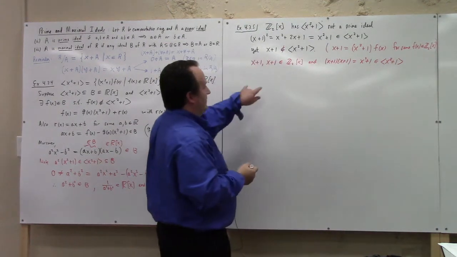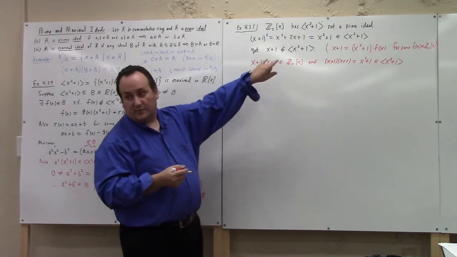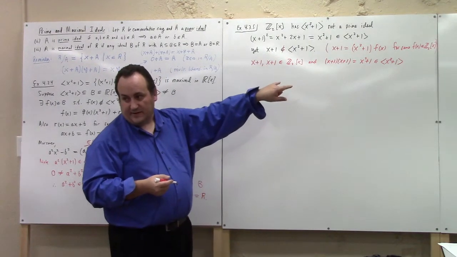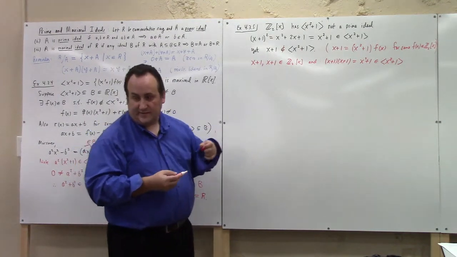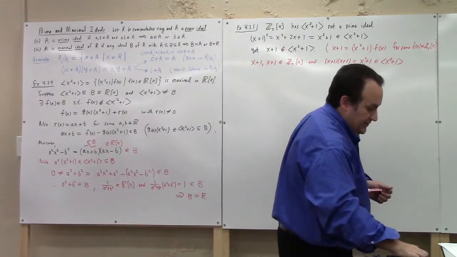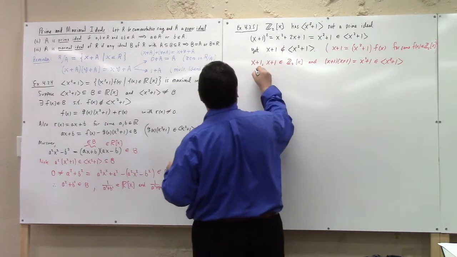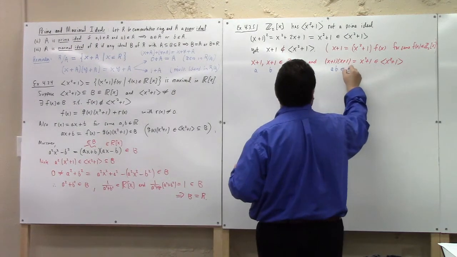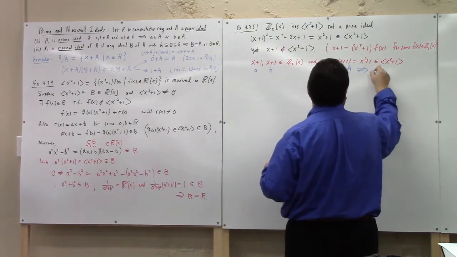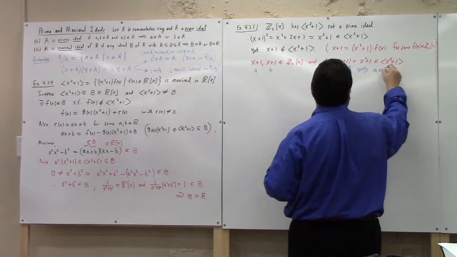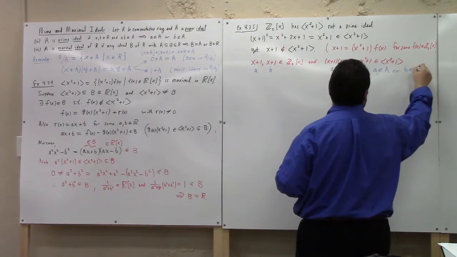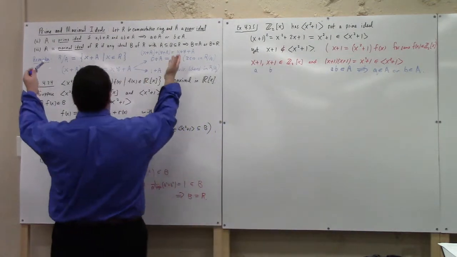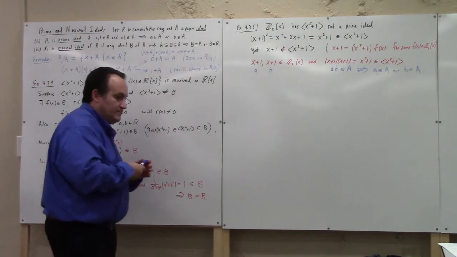So we have two elements of the ring whose product is in the ideal, yet neither of the elements forming the product is in the ideal itself. Therefore, it's not prime. This is like the a, this is like the b, this is like ab in A, but it does not imply that a is in A or b is in A, which proves that this is not a prime ideal from the definition. Okay.